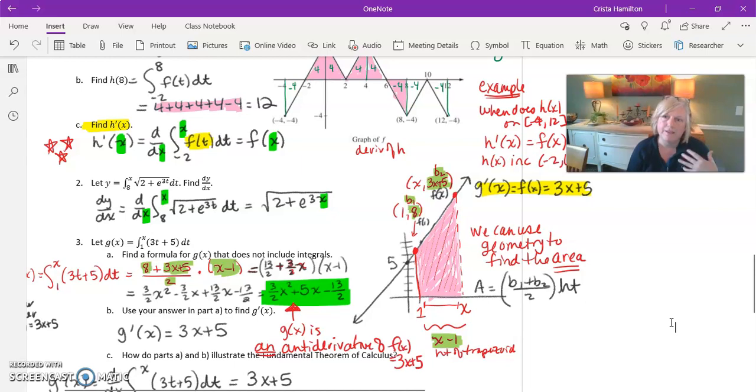So the idea of finding a general antiderivative is kind of the same idea here. If I was finding an antiderivative of f of x, we would add 1 to the power and then divide by the power. Then we would have the antiderivative of 5, which is x, and originally we would have had a plus c.